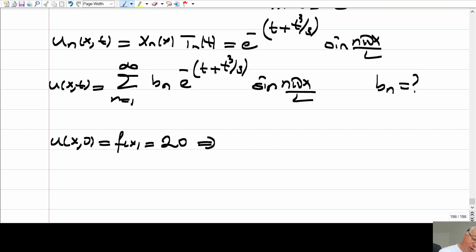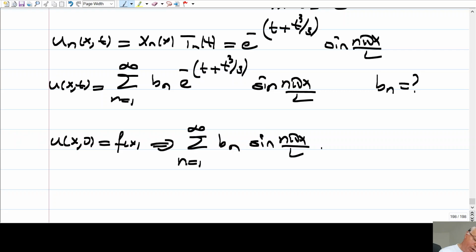So when I plug 0 here for t, I just get e to the power 0, which is 1. So the summation from 1 to infinity of b_n times sine n pi x over L is equal to 20.